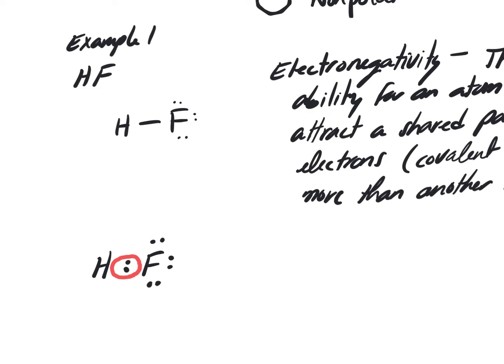And remember, electrons exist as clouds around atoms. So imagine this cloud of electrons spending more time around the fluorine, living around that fluorine atom. They're going to be pulled more around the fluorine than they are around the hydrogen. Fluorine has more electronegativity.